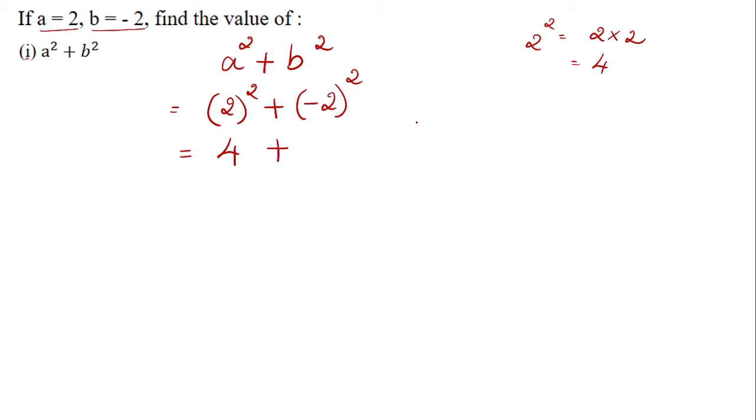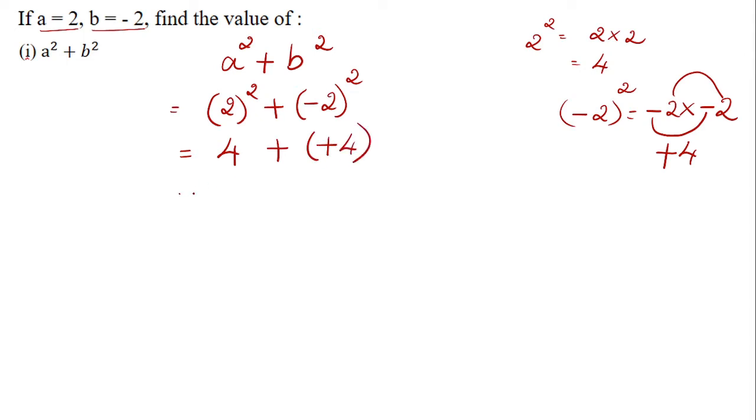Okay, and then plus minus 2 square is equal to minus 2 into minus 2. Minus into minus is plus, 2 into 2 is 4. So plus 4, that's equal to 4. Plus into plus is plus 4, that's equal to 8.